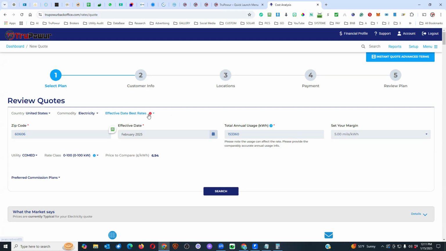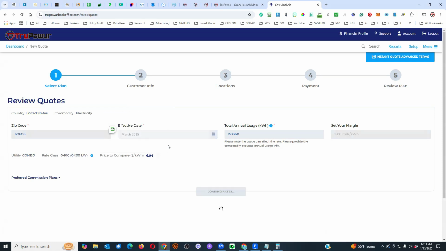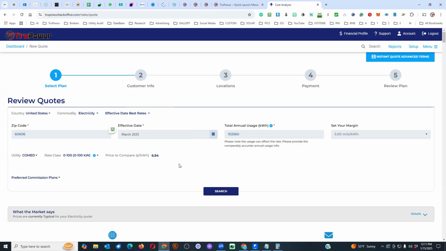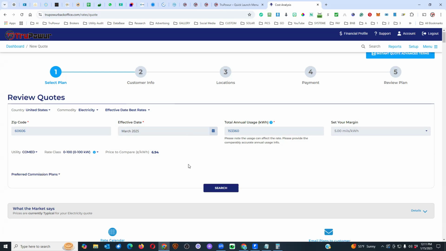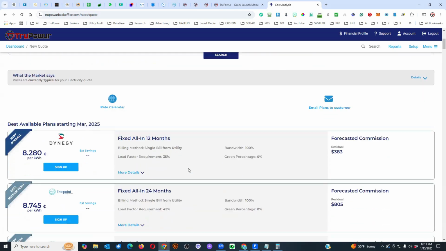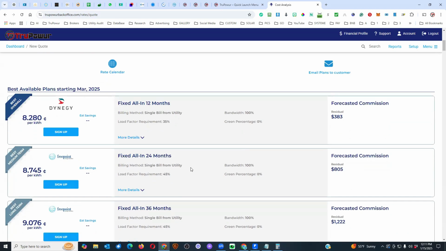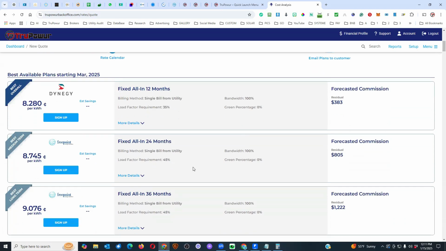I can see that there is a red asterisk up here, which means that there is a forward month that's a little bit better. So let's take advantage of that. That'll make that asterisk go away. We'll leave the mills set at 5, which is the default on the platform. And let's just come down and take a peek at this. Now, the first 3 entries that you're going to see are always going to be the best available plans, starting with the best overall.